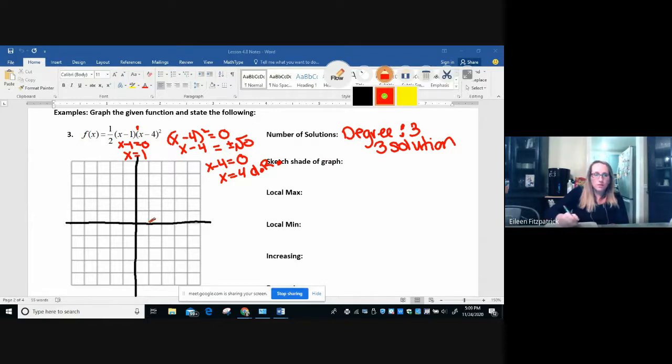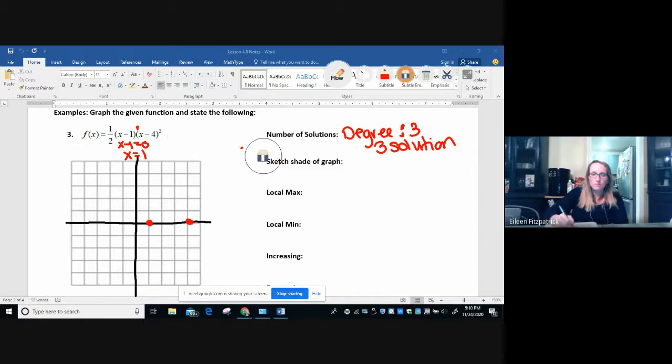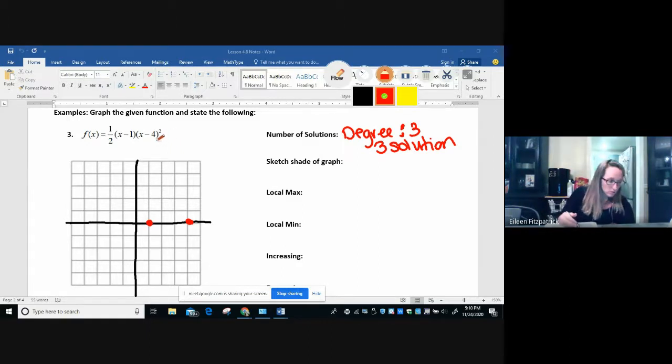So I have an x-intercept of 1 and an x-intercept of 4. Okay, now there we go. We could talk about whether it touches or passes through, which we'll talk about in a second, but let's talk about the end behavior.